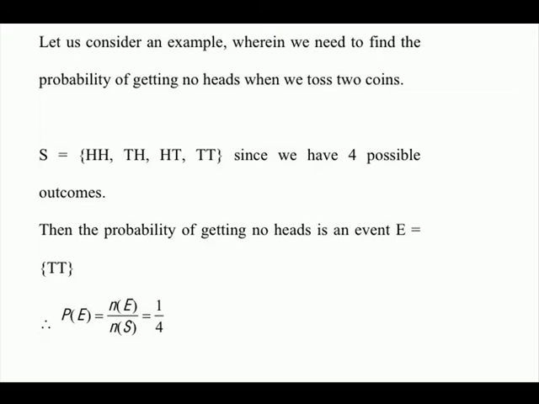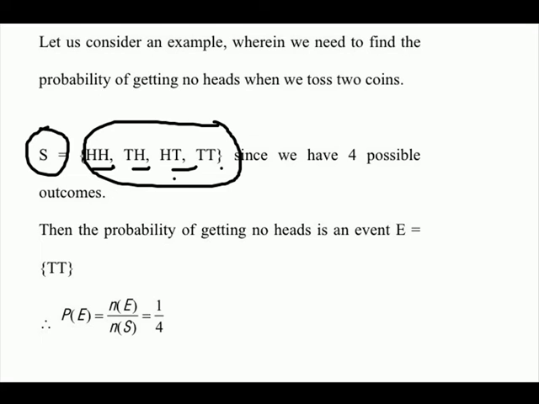So the total sample space here is: coin 1 can be a head and coin 2 can be a head as well. Coin 1 can be a tail and coin 2 can be a head, and so on. So the total number of possibilities you can get is this, which is 4. Any other possibility you can think of when you toss 2 coins? No? Great. So we have 4 possible outcomes here, and we need to find the probability of getting no heads.